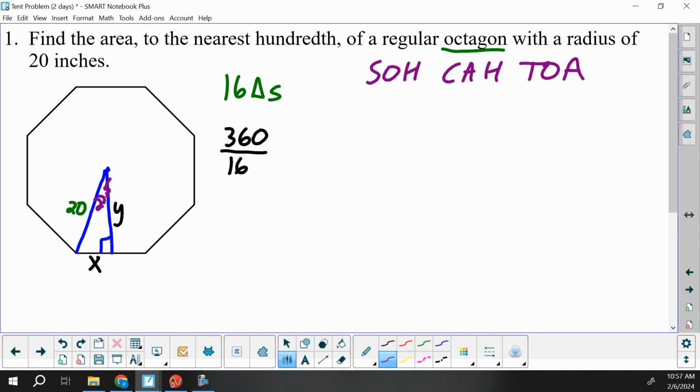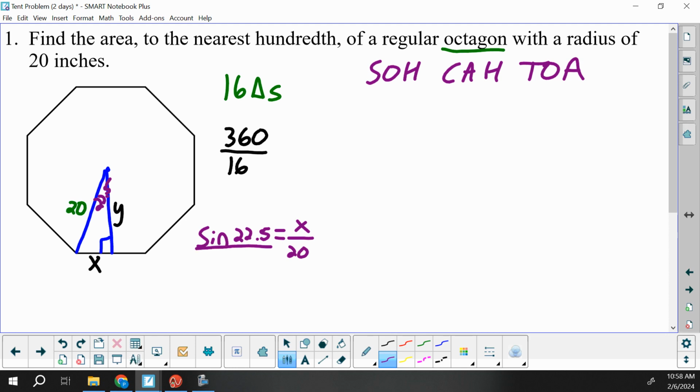So from our 22.5, because we want to always start from the acute angle, we're going to work with the x and then the 20. The x is the opposite from the 22.5, and the 20 is the hypotenuse. So if we look at our SOHCAHTOA, opposite and hypotenuse is sine. So we're going to have sine of our 22.5 equals our opposite, which is x, over the hypotenuse, which is 20.